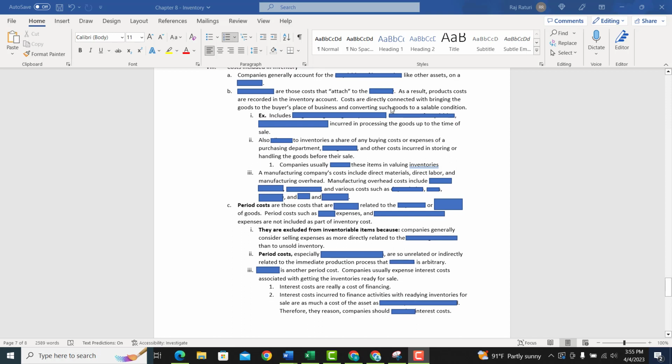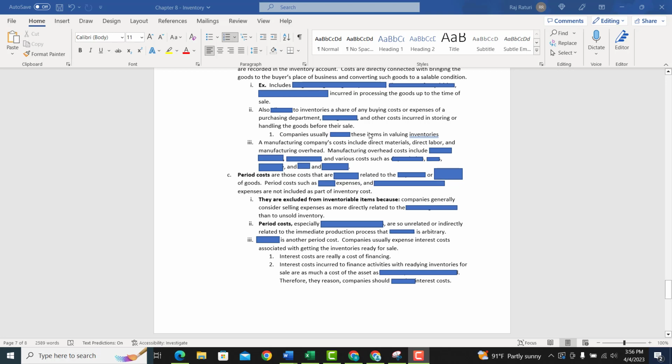Costs are directly associated with bringing the goods to the buyer's place of business and converting such goods to a saleable condition. So it's going to include acquisition costs of goods, production costs, and freight charges, and labor and production freight charges, and processing the goods and getting them ready for sale.